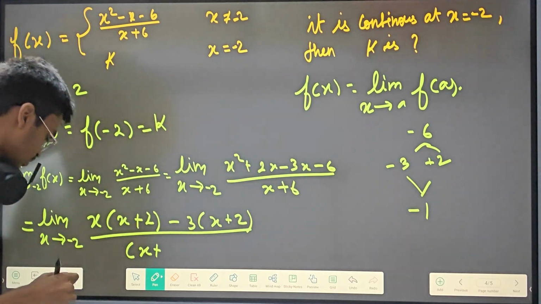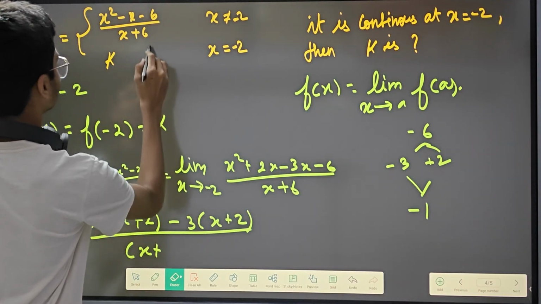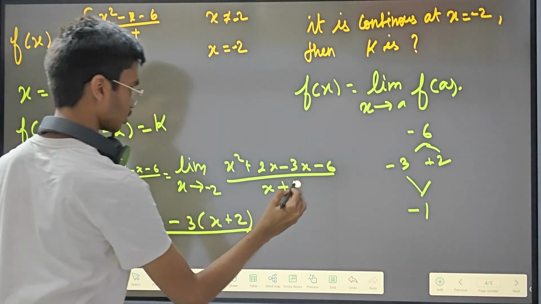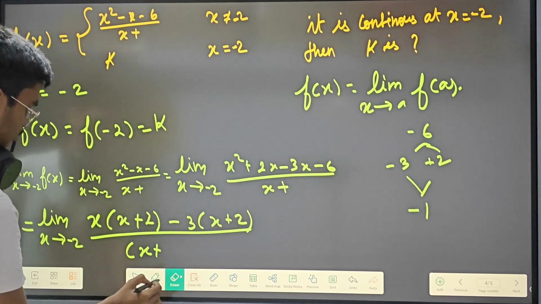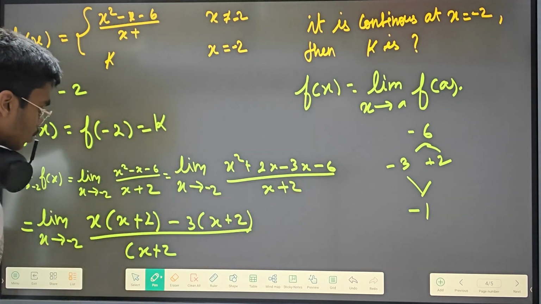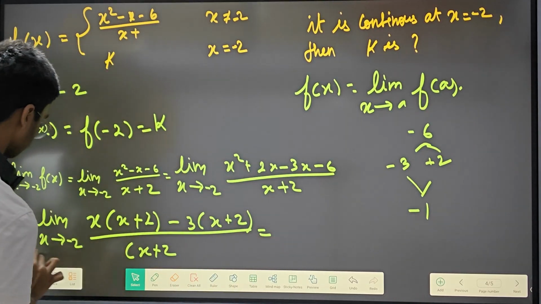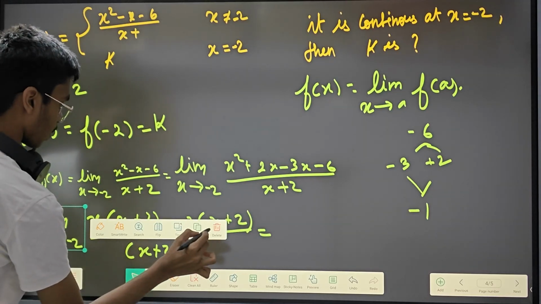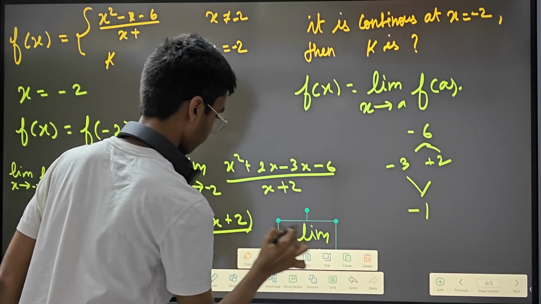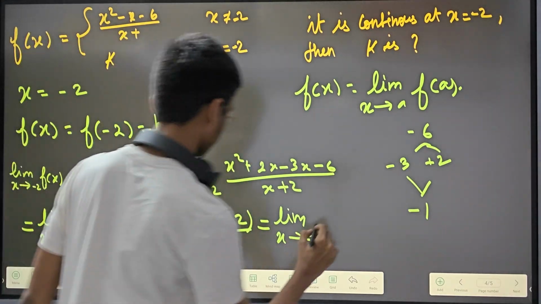Wait, the question is wrong, that is why I got stuck. Here 6 will not come, here also 6 will not come, it is 2.